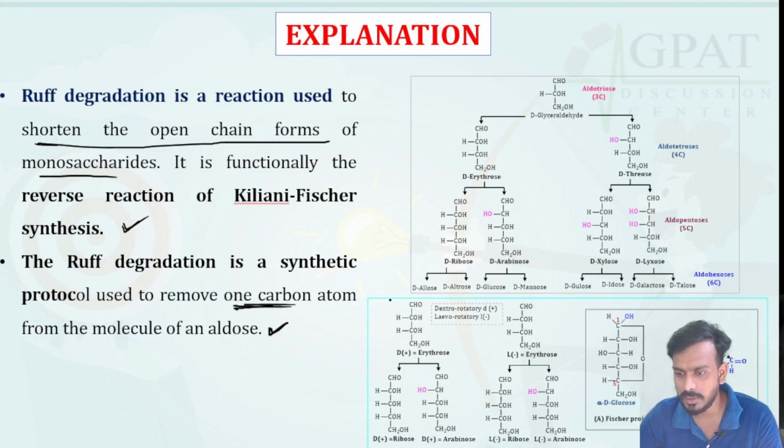So from aldotriose, D-erythrose is formed; from the aldotetrose, you will form D-glucose, D-idose, D-galactose, and D-talose.